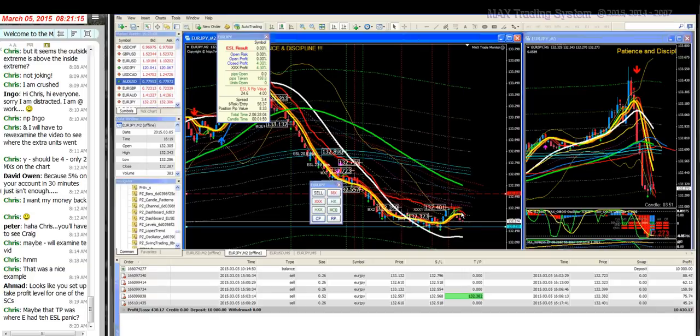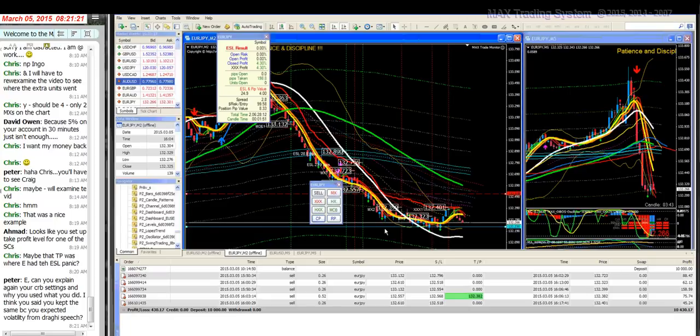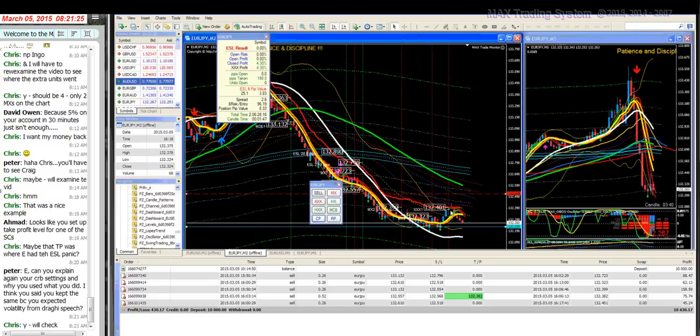Okay? But anyway, you can see that even with that small little problem, the trade has been a good trade. A 4% profit is not bad. It's not bad. And this can be the trade of the day.